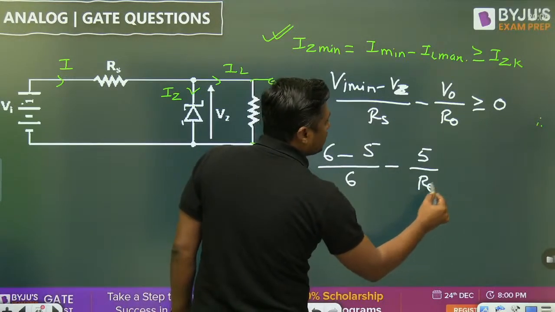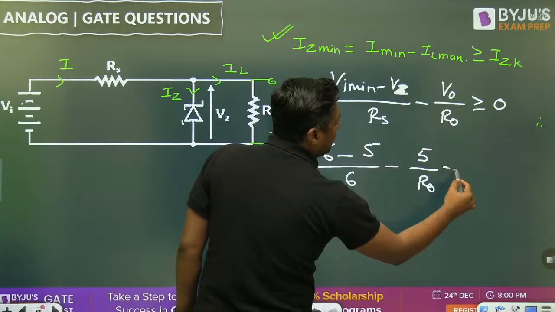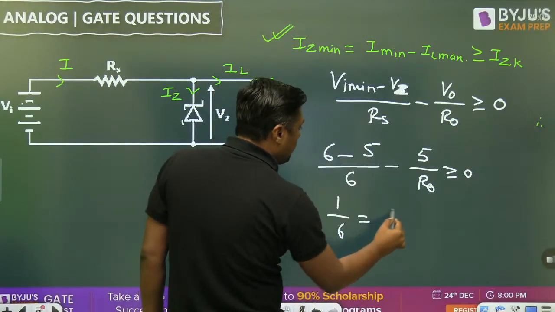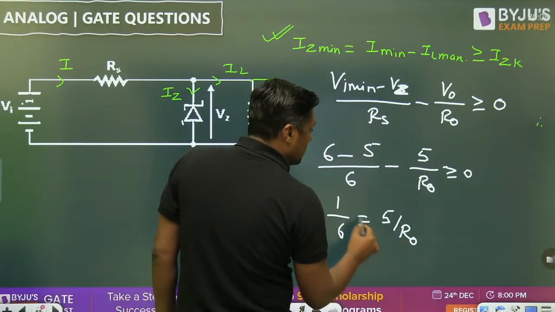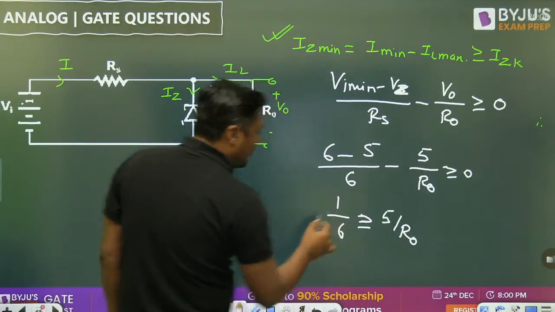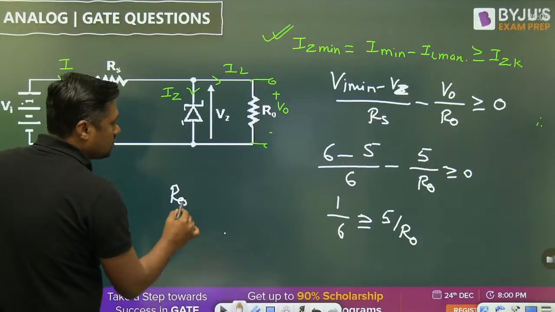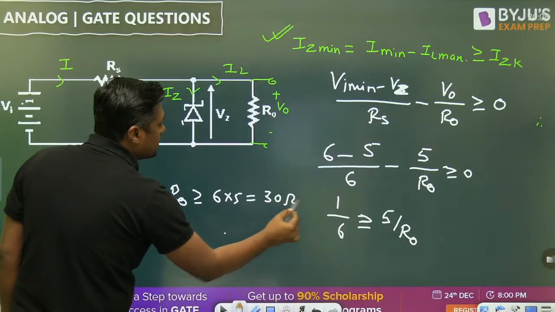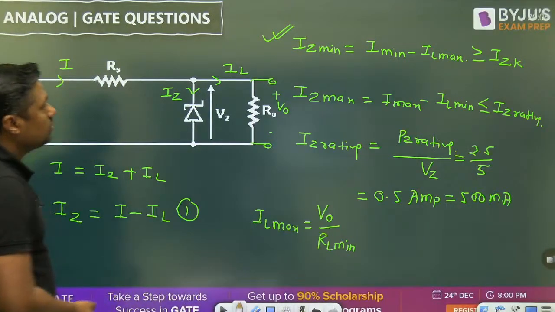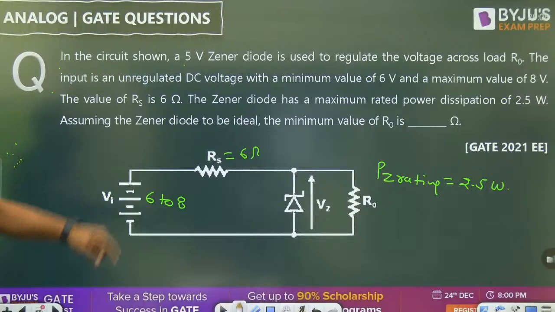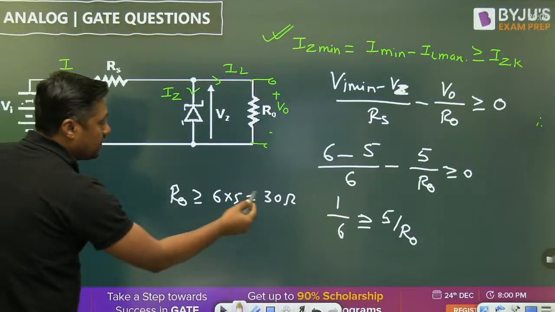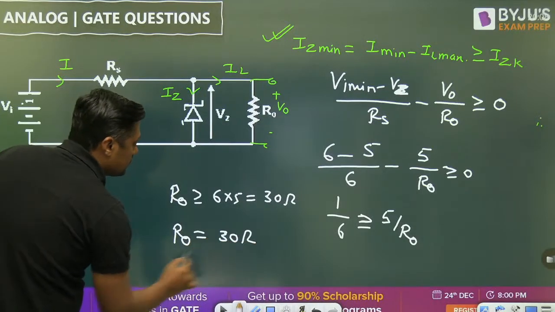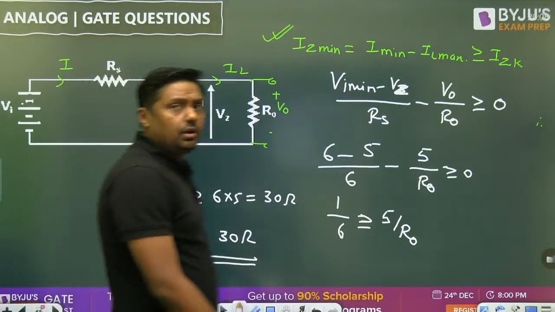You have to find R0, which should be greater than or equal to 0. So it becomes 1 by 6 is greater than or equal to 5 by R0. So R0 should be greater than or equal to 6 into 5, that is 30 ohm. What is asked here? The minimum value of R0. When it is equal to, it will become the minimum value: 30 ohm. Direct formula.